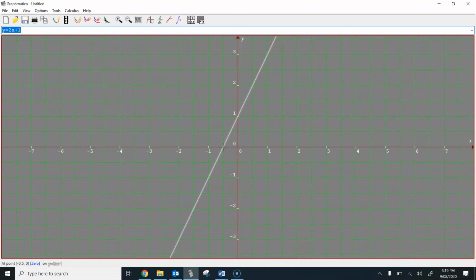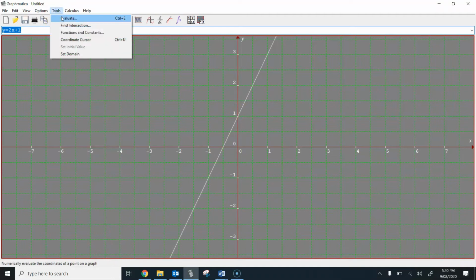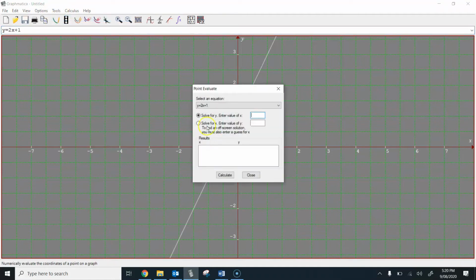You can also just read it off your graph if you can see it accurately. And the third way is to go Tools, Evaluate, pick either one and put 0 in. But again, you might need to go back out and go Tools, Evaluate to do it the other time.